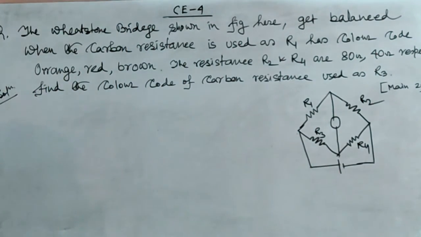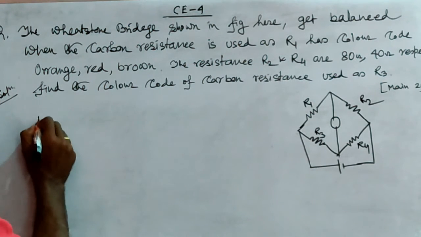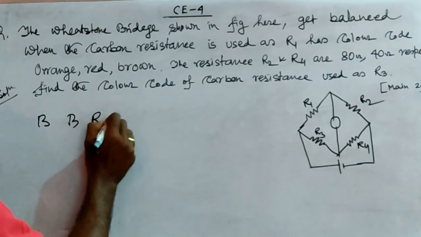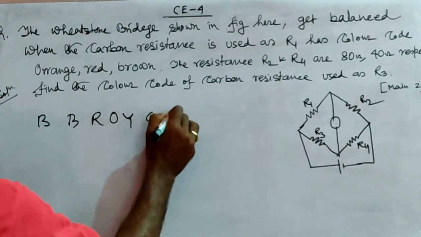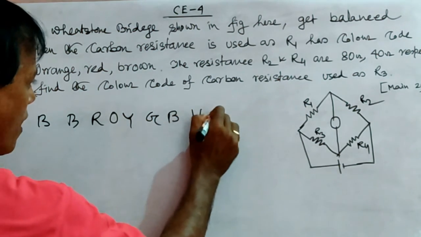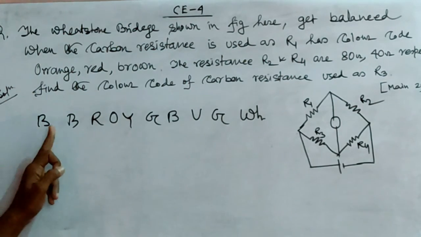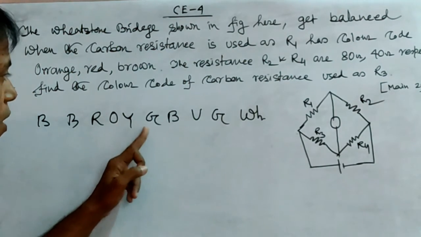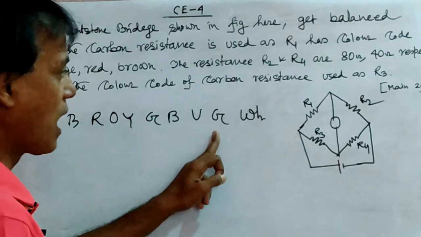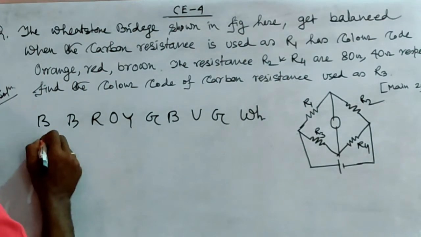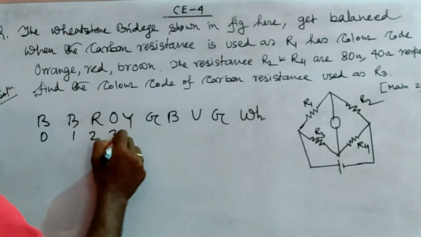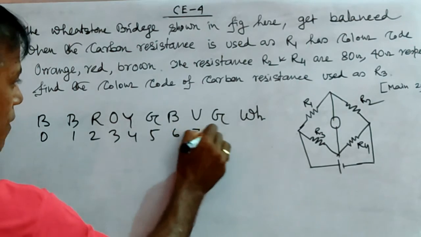Now in my previous problem I have already shown the color code. B.B. Roy of Great Britain has a very good wife. This is black, brown, red, orange, yellow, green, blue, violet, grey, white, and they stand for 0, 1, 2, 3, 4, 5, 6, 7, 8, 9.